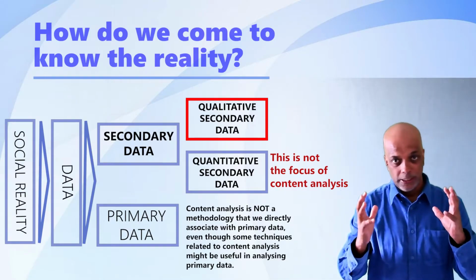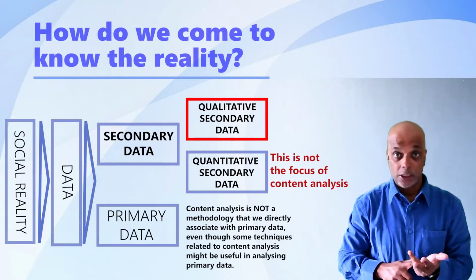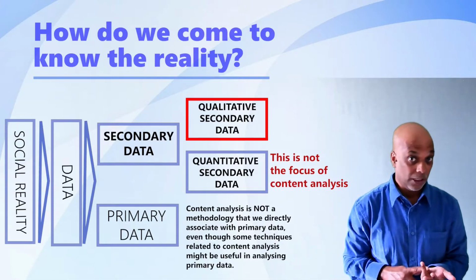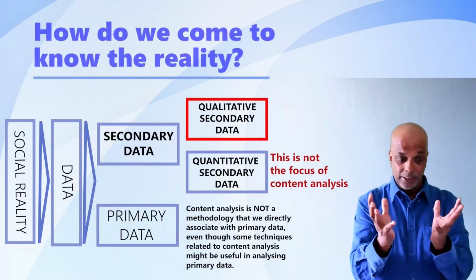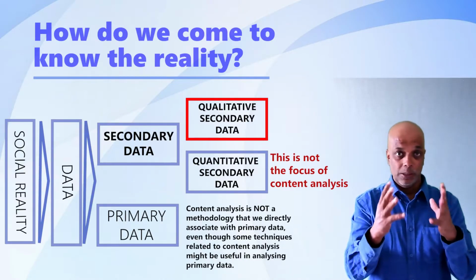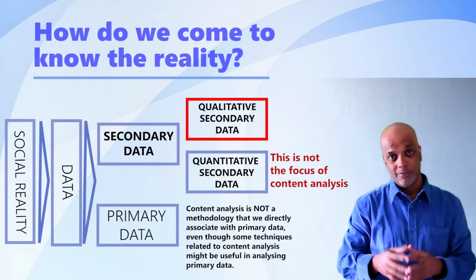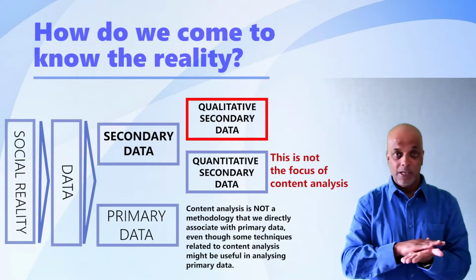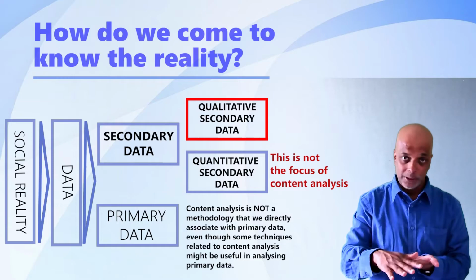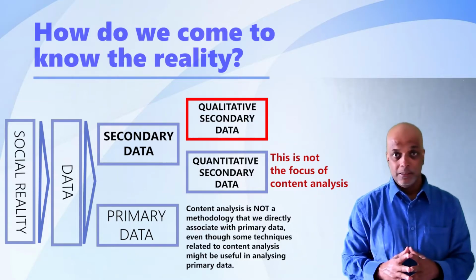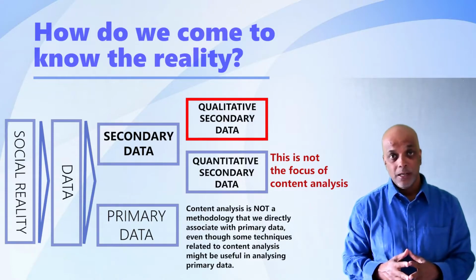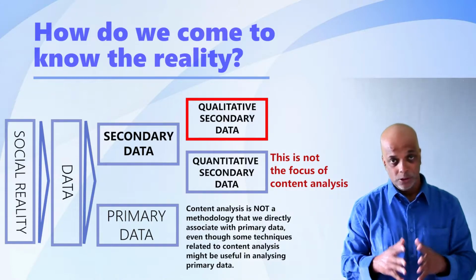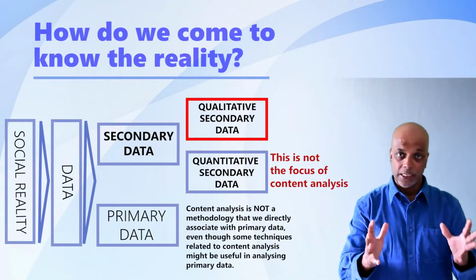So what do these qualitative data involve? Words. Actually, most of them are words, not numbers. And those words will be constructed into stories, narratives, reports, and so on. For example, we have annual reports, we have corporate reports, we have newspaper articles, and we have social media content. So these are qualitative secondary data.